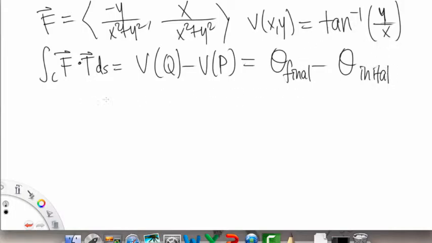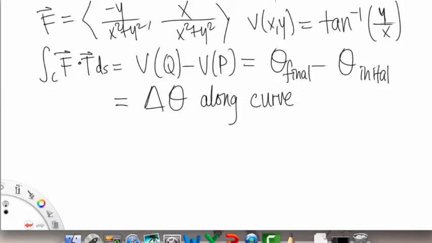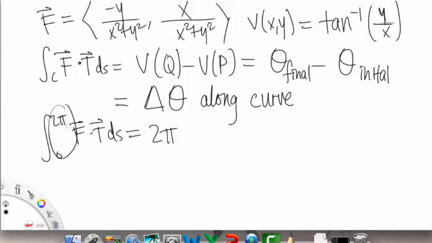All in all, this gives you the change in angle along C, however far you traveled along your curve. As we did in the previous example, when you go from 0 to 2 pi of the vector line integral of the vortex vector field, we just got 2 pi. So basically it just depends on how far you rotate your angle.